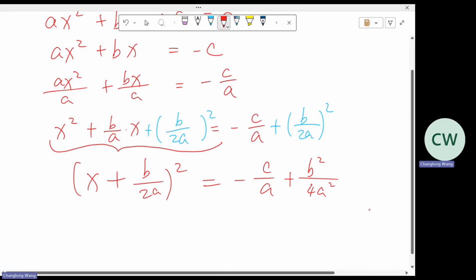Instead of the simple numbers, we're looking at two denominators, a and 4a squared. Think the same way. I figured that 2 times 3 is the least common multiple.